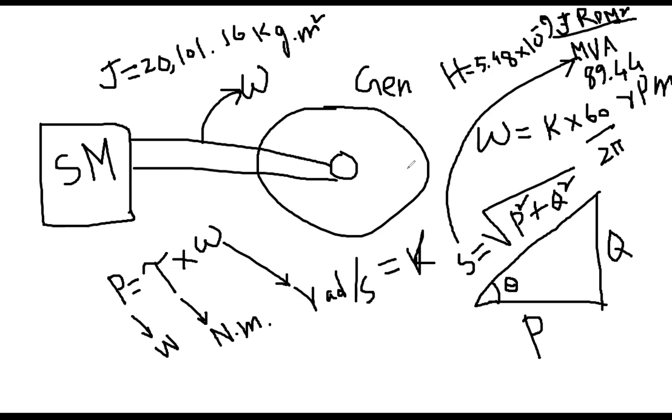Okay, and then finally I got the J value 20,101.16 kg meter square. Lakshmi, did you get the same result or different? Yes, Dr. Ali, I got the same results, RPM 1425. Okay, and then what is the final J? 20,101 point something. Oh, great. Thank you.